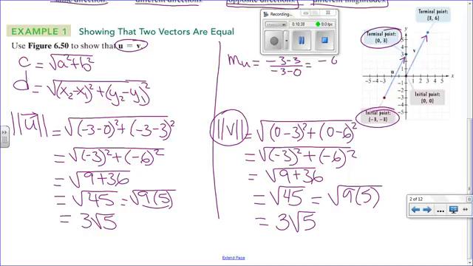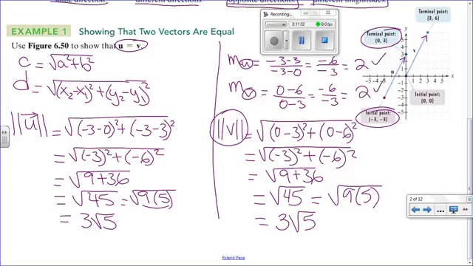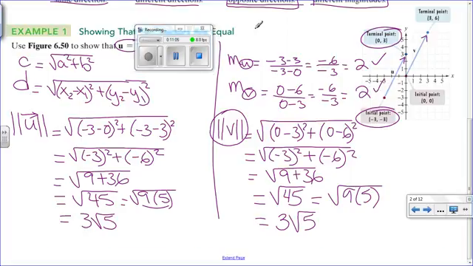So that will be minus 6 divided by minus 3, which is positive 2. And the slope of the other vector, I'm using a subscript just to differentiate which vector I'm talking about. So that would be 0 minus 6 over 0 minus 3. So we get negative 6 over negative 3. And so that gives us positive 2. So because of that, the directions are the exact same thing.